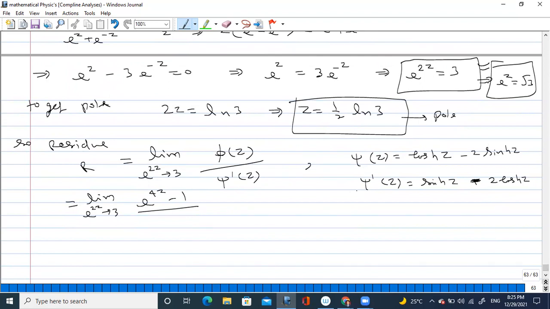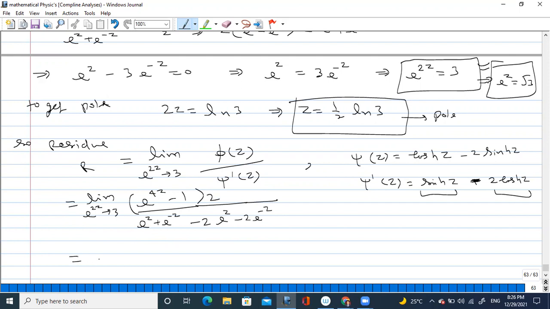And because I need sin hyperbolic z and cos hyperbolic z in exponential term, this will be written as e to the power z plus e to the power minus z divided by 2, and minus twice of e to the power z and minus twice of e to the power minus z, divided by 2 here also. That 2 I will multiply here, no issue.